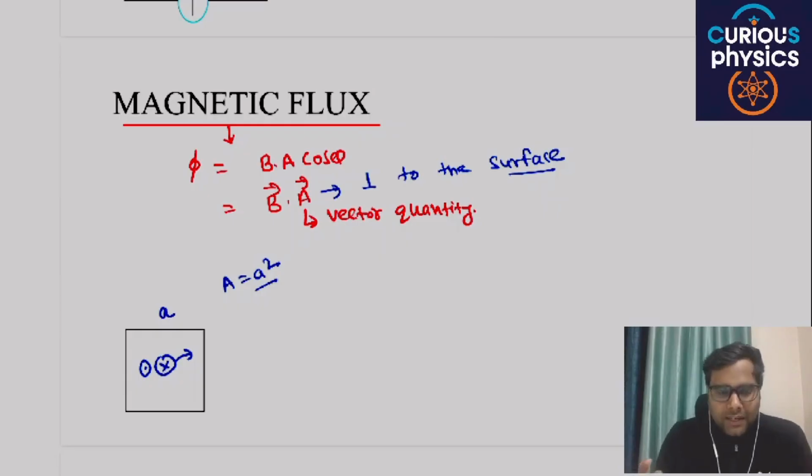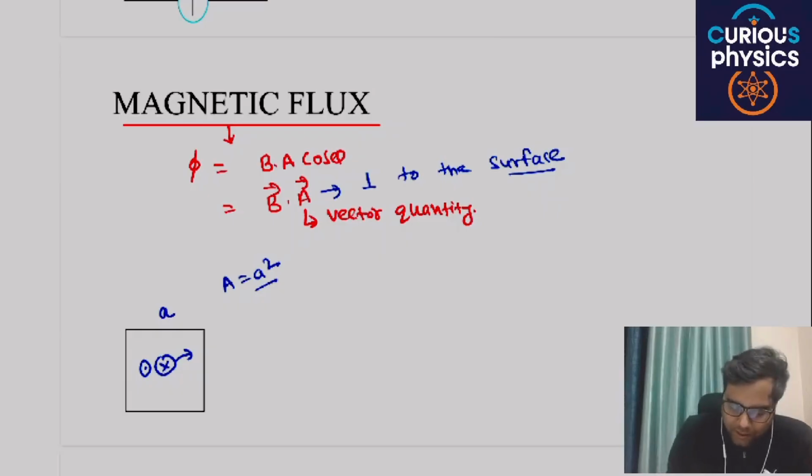So magnetic flux is basically the quantity of magnetic field inside an area. The basic concept is magnetic flux is nothing but the quantity of magnetic field inside an area. Are you able to understand my point or not?